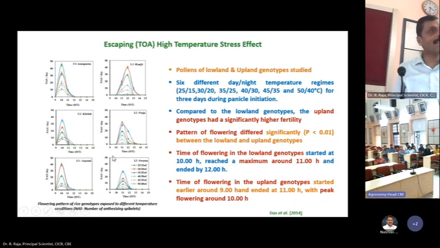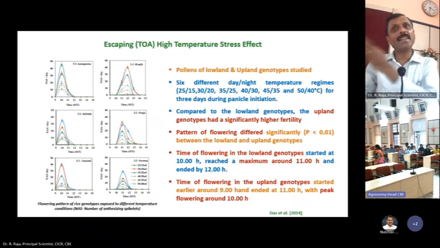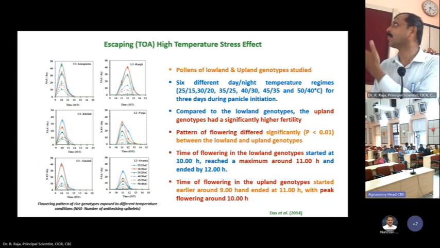Whereas in irrigated genotypes, which are all long duration, Ranjit, Puja and all those, you see the anthesis window is 11 o'clock to 1 p.m., in the hot sun. So it is a kind of escape mechanism the genotype itself has, isn't it?